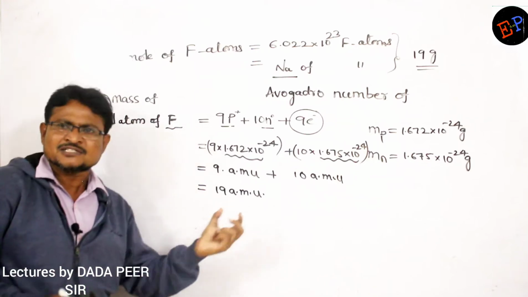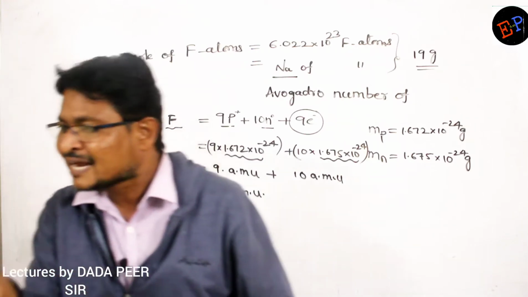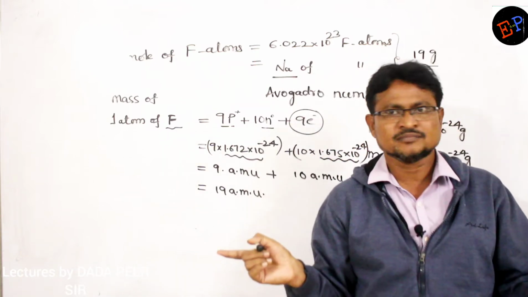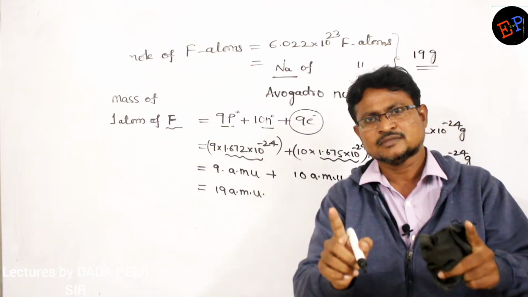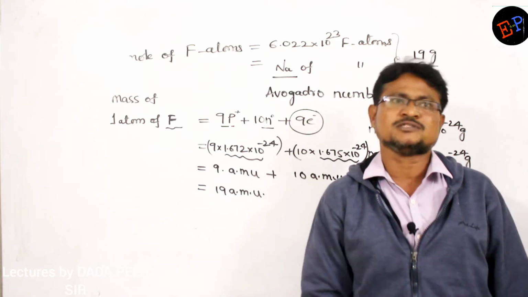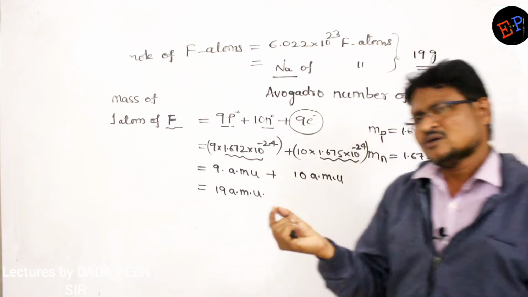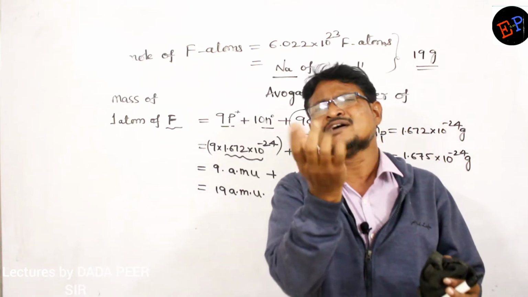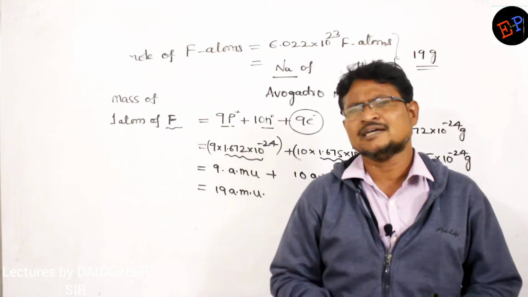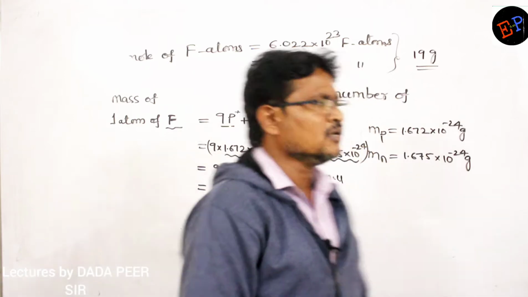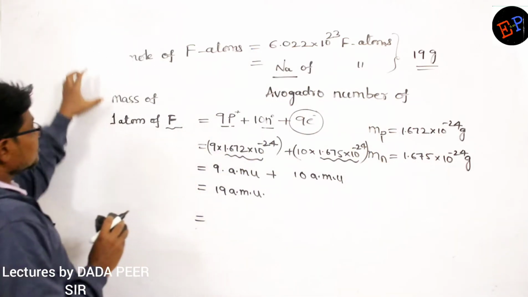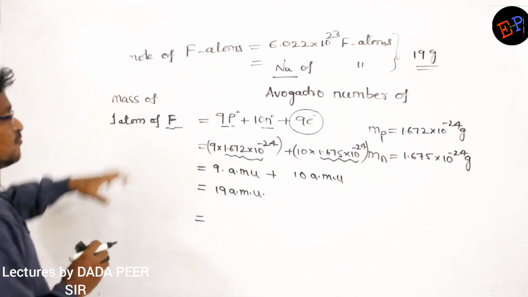Can we do any research or any reaction by taking 19 AMU of fluorine? Is it possible practically? Absolutely not possible, because 1 AMU means a very small quantity of mass. Like that, 19 AMU is also the smallest one. But we want not just the mass of one atom of fluorine.